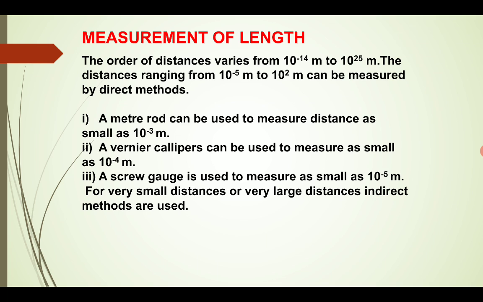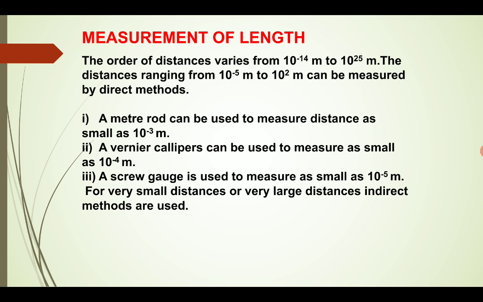These are the instruments we have in our lab: a meter rod, a vernier caliper, a screw gauge, and you are going to perform experiments to measure various lengths using these instruments.